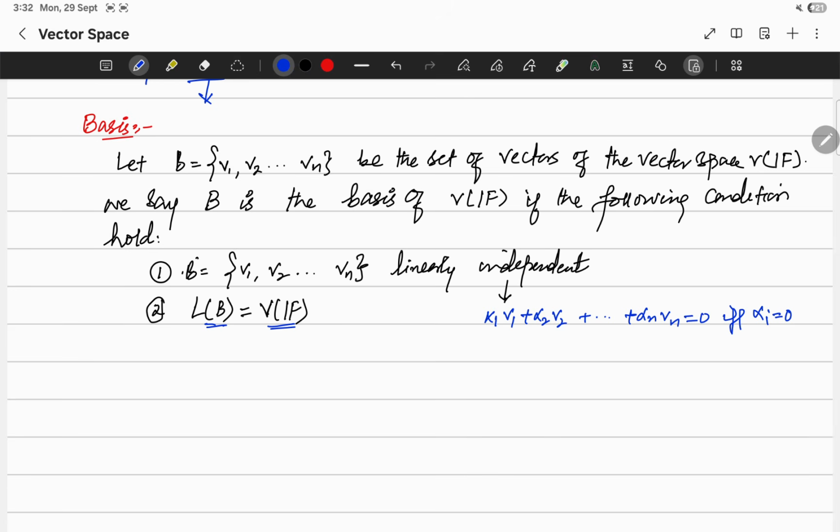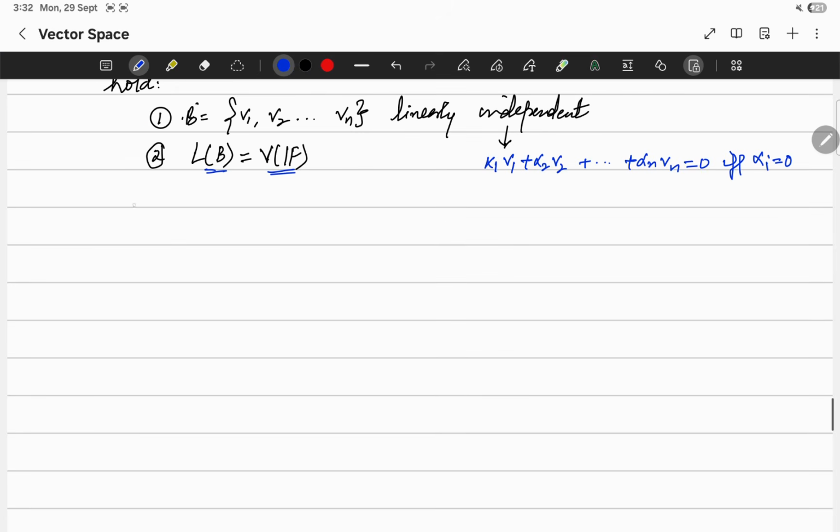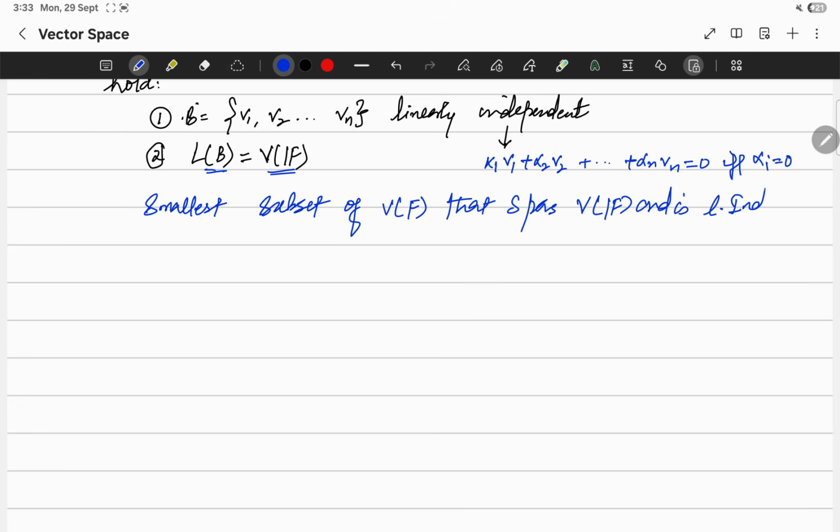Also the set of vectors is linearly independent, and you have to remember this is the smallest subset of V over F that spans the vector space and is linearly independent.